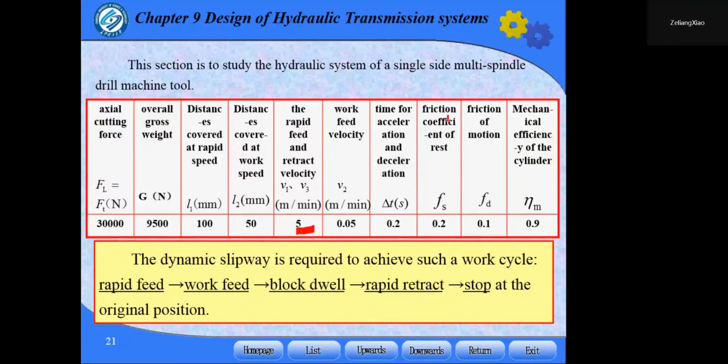The friction coefficient of rest is 0.2, and the friction coefficient of motion, which means the friction coefficient in the first moving period, is 0.1. The efficiency of the cylinder is 0.5.